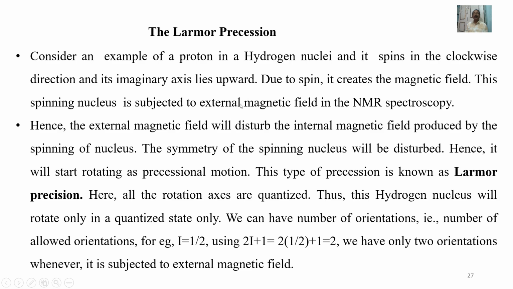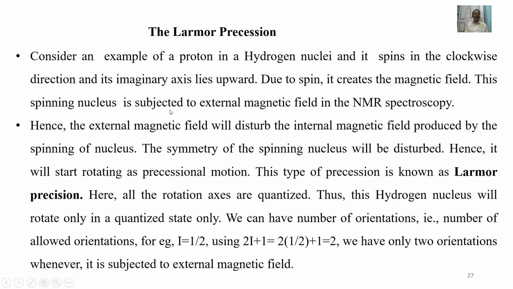The next title is Larmor precession. Consider an example of a proton in a hydrogen nucleus, and it spins in the clockwise direction, and its imaginary axis lies upward. Due to spin, it creates a magnetic field. The spinning nucleus is subjected to an external magnetic field in NMR spectroscopy.